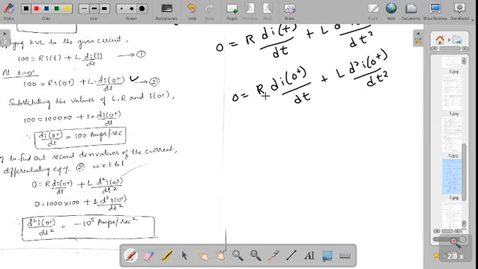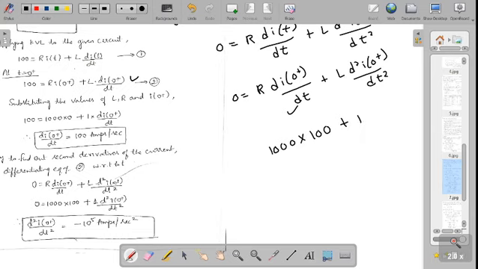So what is the value of R? It is 1000 ohms, and you found the value of the first derivative of current. What was the first derivative of current? It was 100 amps. Plus, what is the value of L?